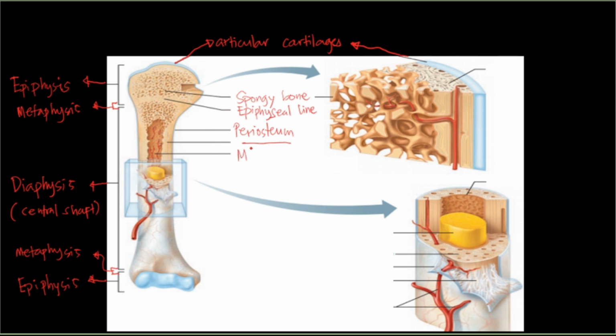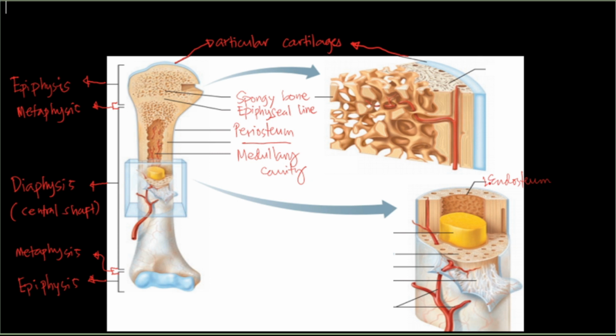Okay, this is your medullary cavity or your marrow cavity, which is lined by your endosteum. So what is that endosteum? In this bigger picture here, this is your endosteum.